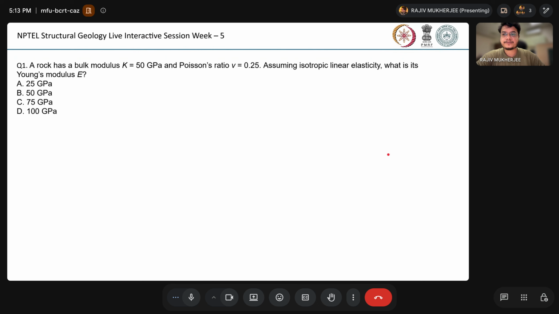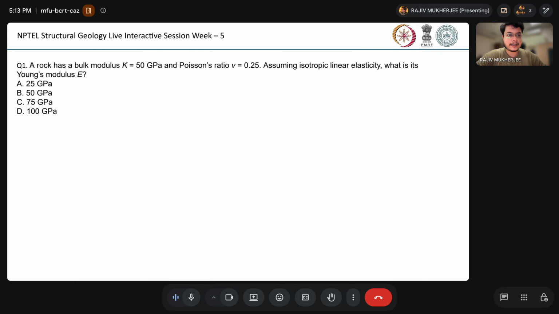So, yeah. The first question says a rock has a bulk modulus, that is K, which is 50 gigapascal, and Poisson's ratio nu, which is equal to 0.25. Now, assuming isotropic linear elasticity, what is its Young's modulus?